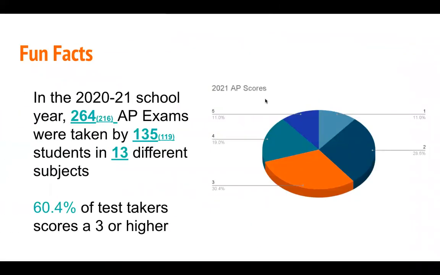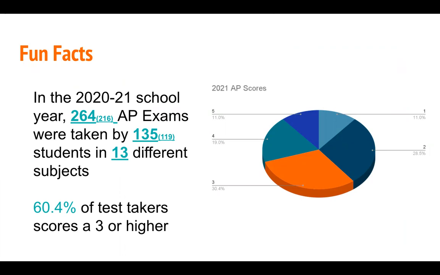Okay. Yep. So in 2021, so last school year, we had 264 exams taken by 135 students in 13 different subjects. You'll see little numbers in parentheses next to those. Those are the numbers from the previous year, 19-20.